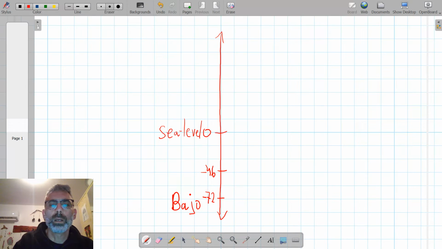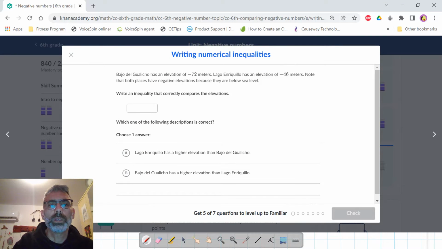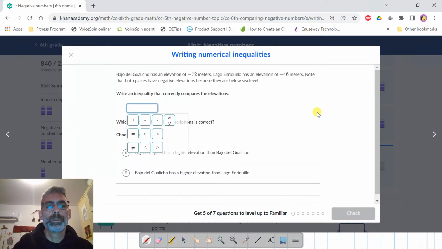This is Lago. So negative 72 is less than negative 46.